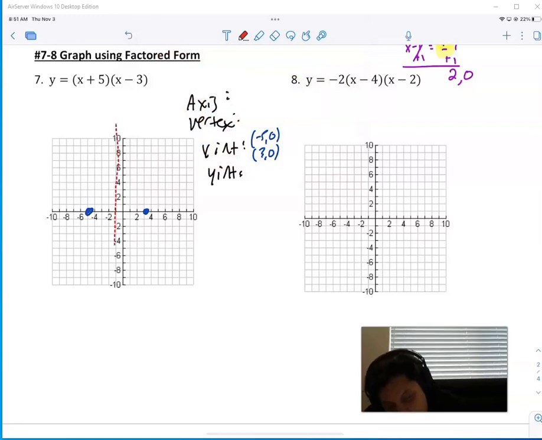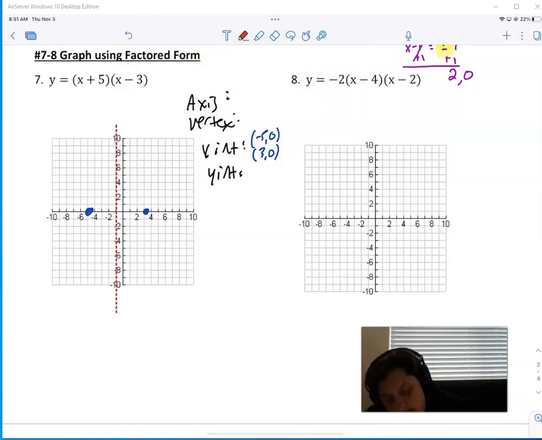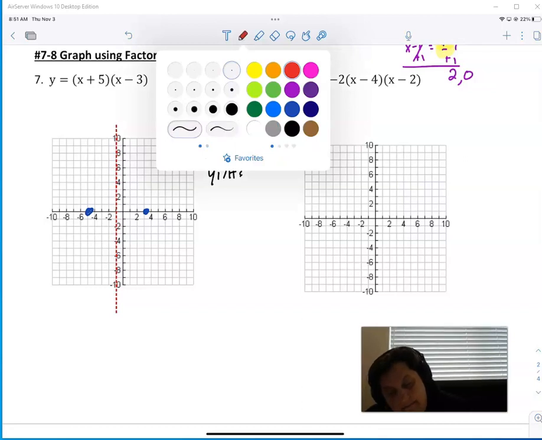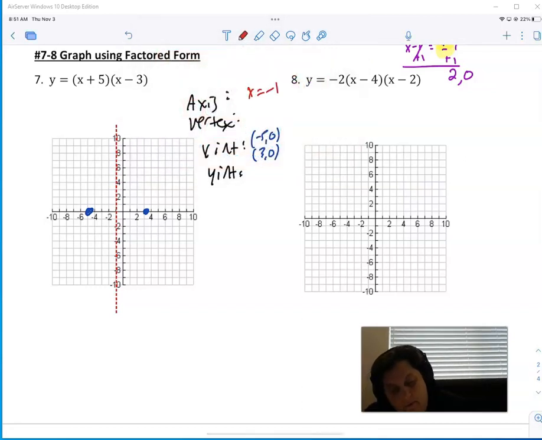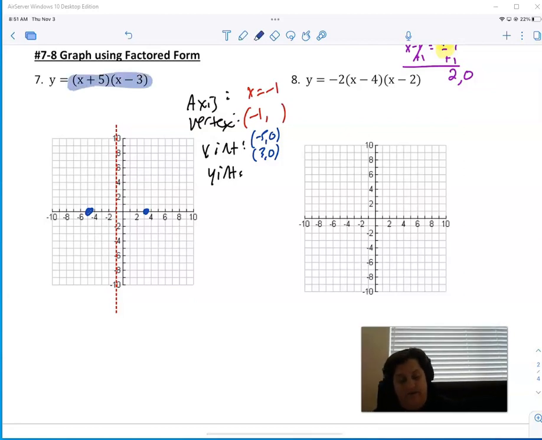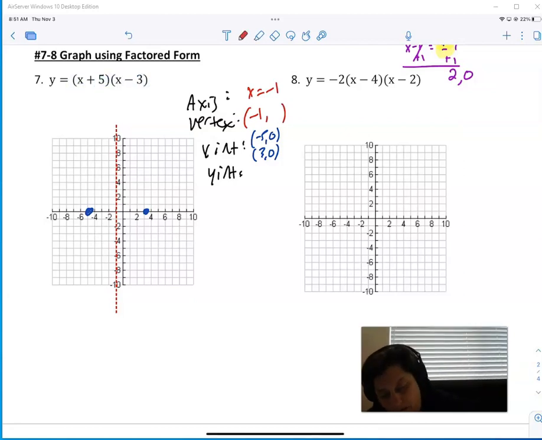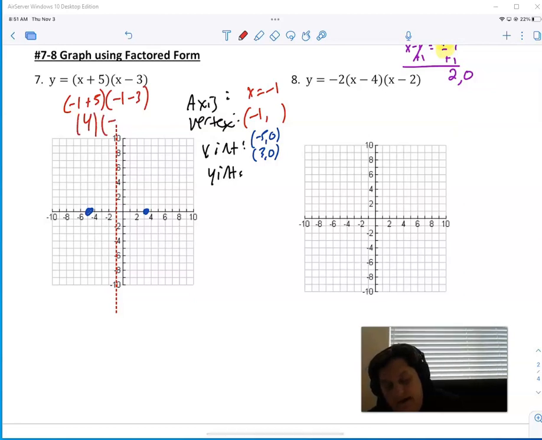Now, what I do is exactly halfway between, which means that my vertex, all right, so negative, that's 4, that's negative.